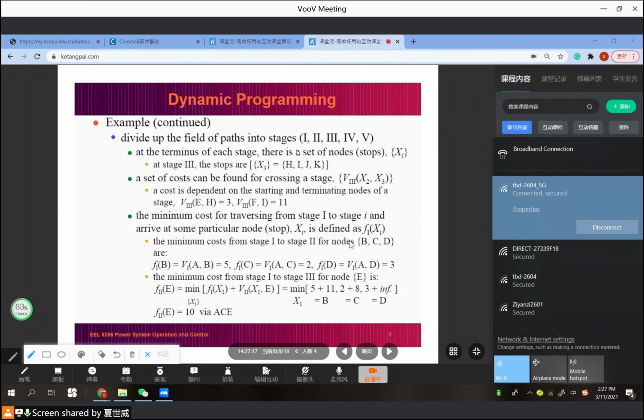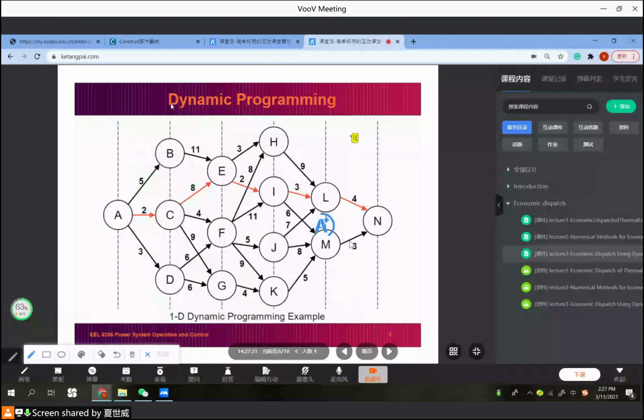So for example, for this problem, we can divide it into several stages, where stage 1, stage 2, stage 3, stage 4, and stage 5. For each stage, there are different points. That means you have different choices.